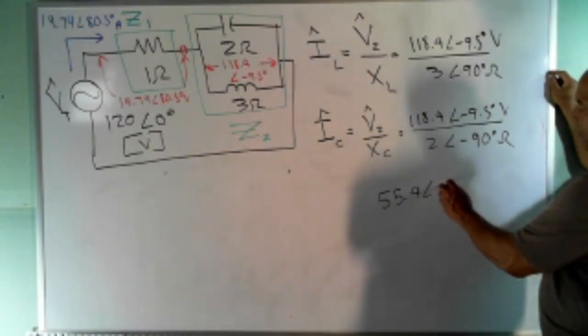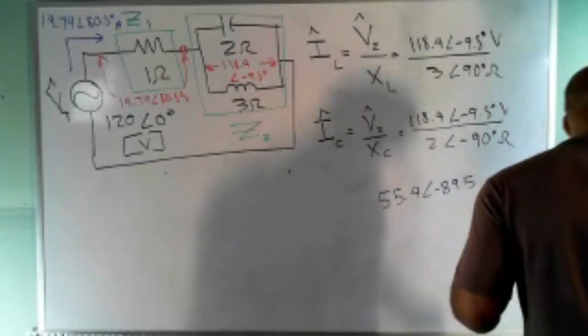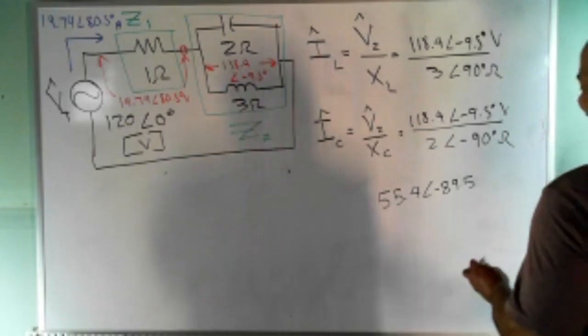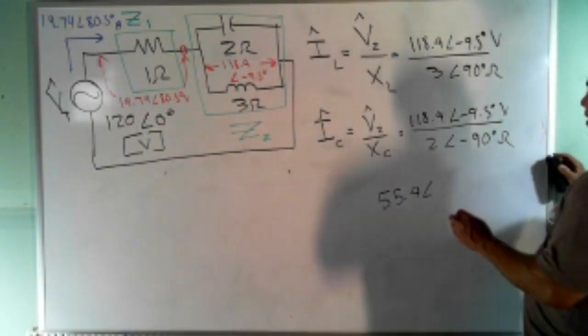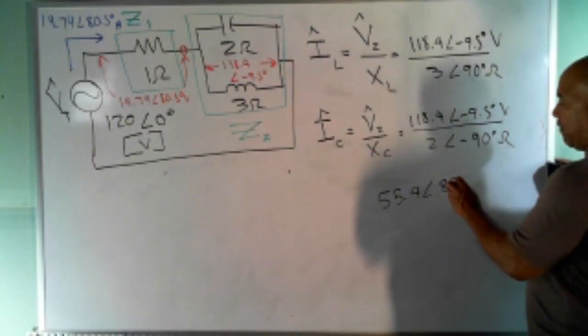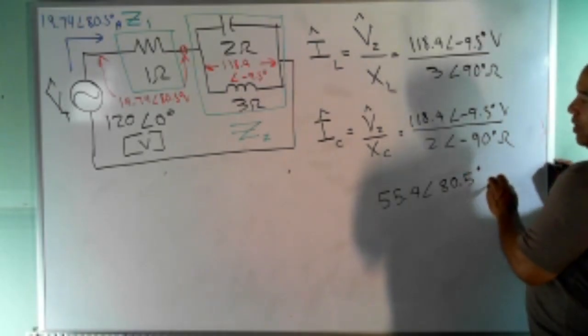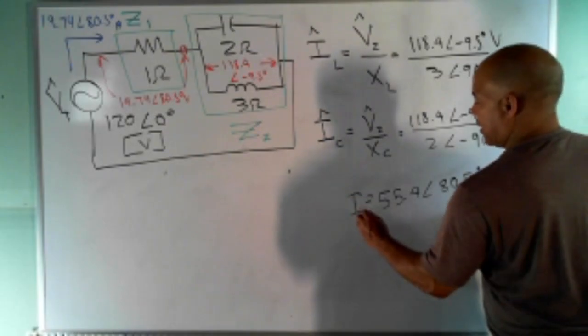Is that right? Isn't it 80.5? 80.5, isn't it? 80.5, I told you. Yeah, positive. You said 80.5? And this would be, that's this one, so that's that.